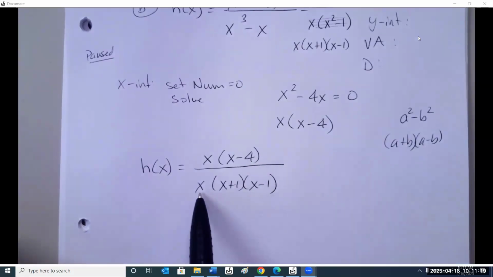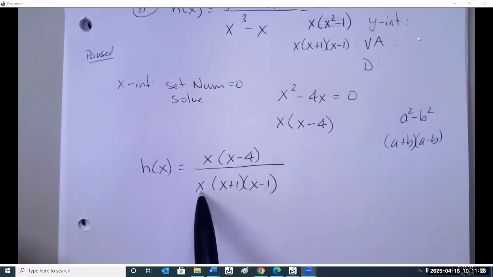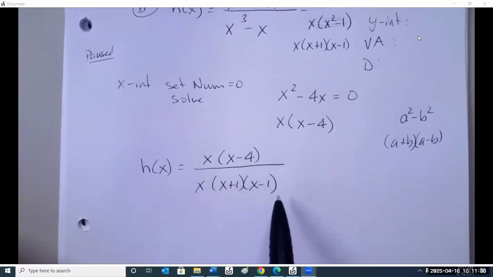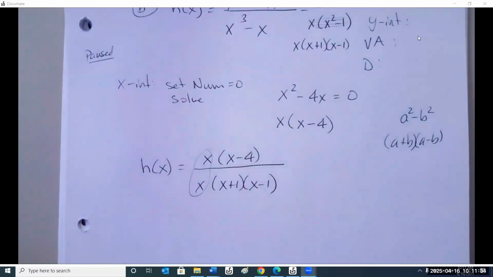Because right now, we're looking at our vertical asymptotes are what? Negative 1, positive 1, and 0. Anywhere there's an x, you set it equal to 0. But these x's can cancel. If you have something that cancels top and bottom, the x's cancel.